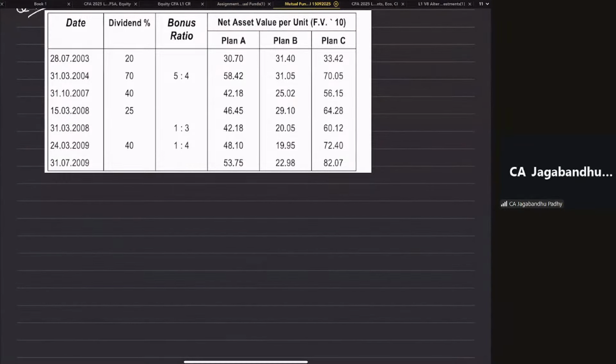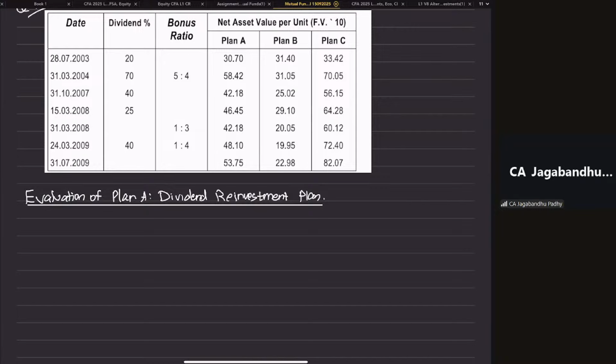Evaluation of plan A, which is the dividend reinvestment plan.